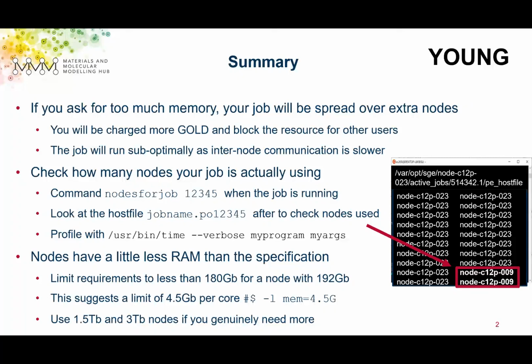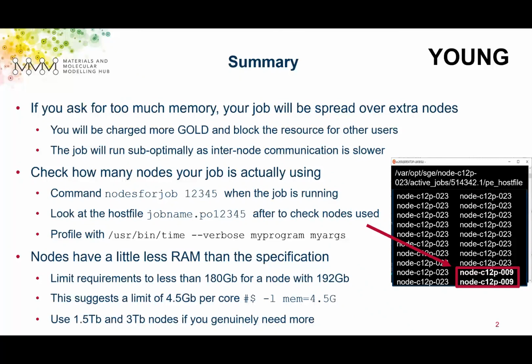You should also get in the habit of checking your host files, and these are of the form job name, .po, and then a job number afterwards, to check which nodes are actually used during a job. You can also profile your job using user bin time for both, and from that you can see whether or not the memory requirements the job actually used are comparable with the actual resources that you request.